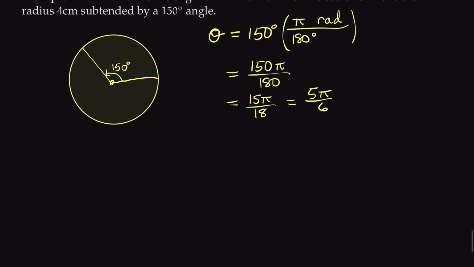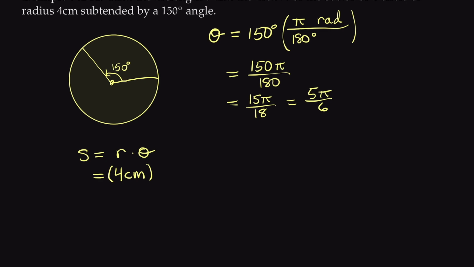The first formula for the arc length was S is equal to the radius times theta, where theta needs to be written in terms of radians like we've done. Or sorry, yeah, so the radius was what, 4 centimeters. I'm going to keep the units in there so that we have our correct units in our final answer.